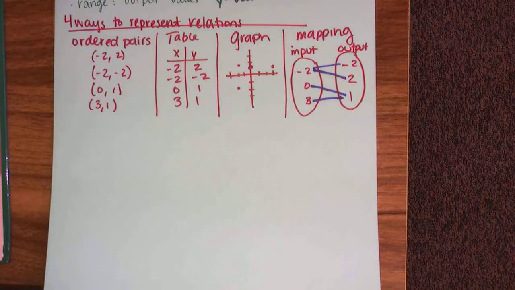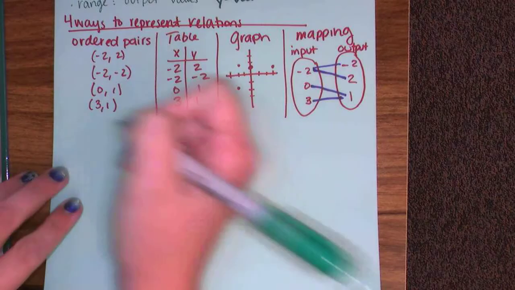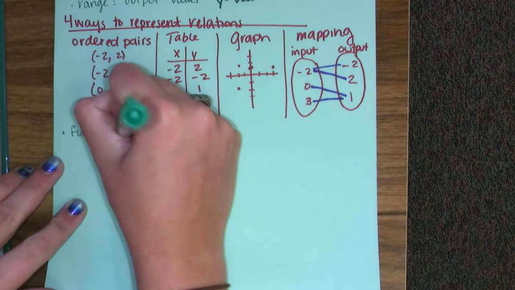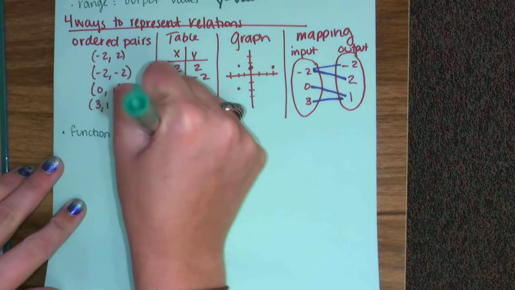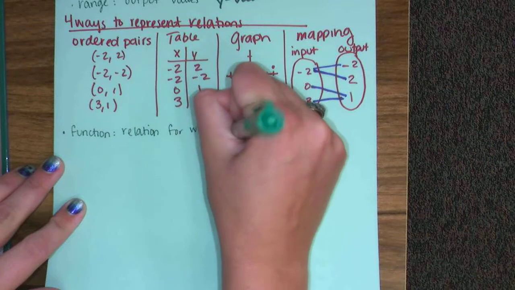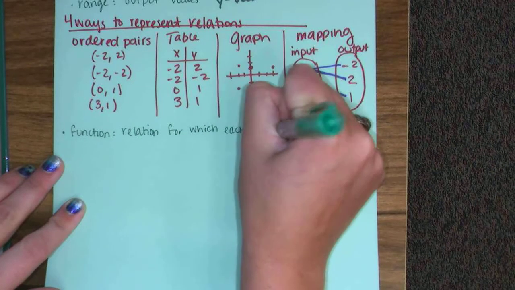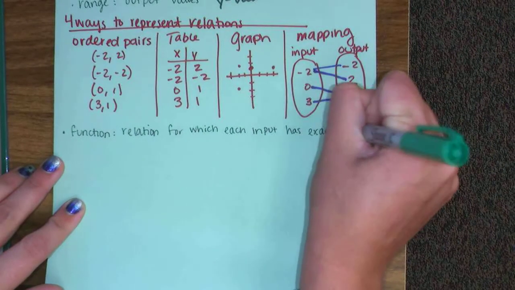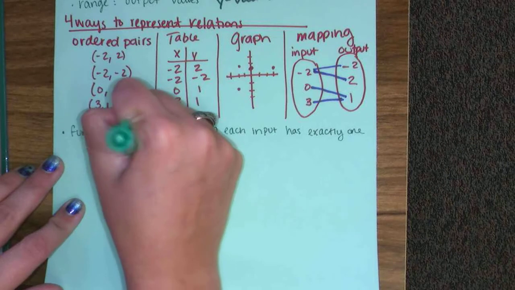So we have another definition here that we need to talk about. It's a function, which is a relation for which each input has exactly one output.